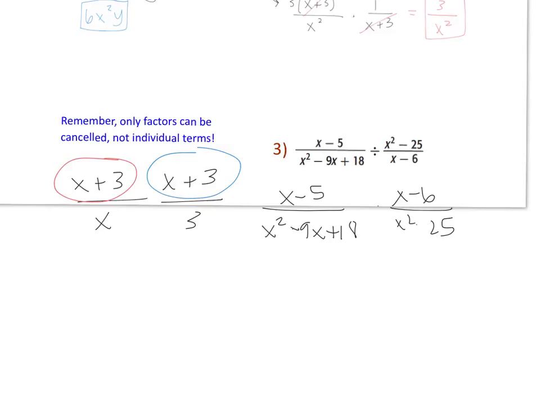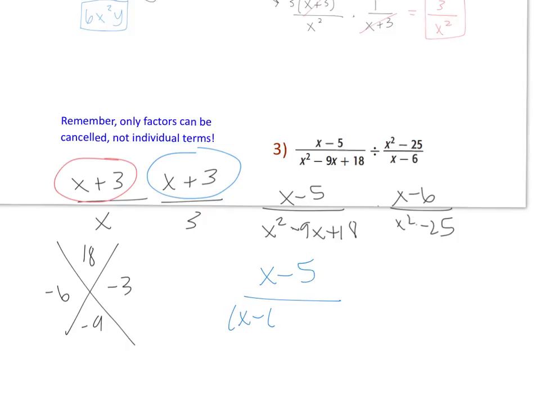And let's look at factoring here. So I need to figure out factors of 18 that when added together give me negative 9: negative 6 and negative 3. So what I actually have now with this first fraction is x minus 5 over x minus 6 times x minus 3.